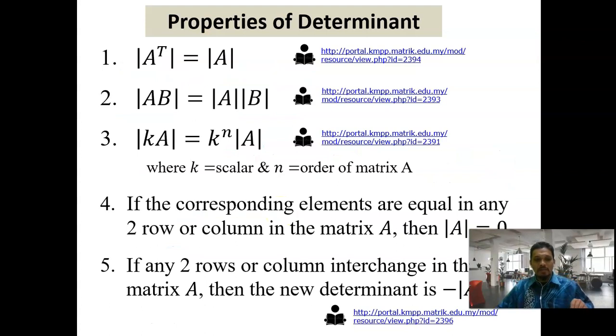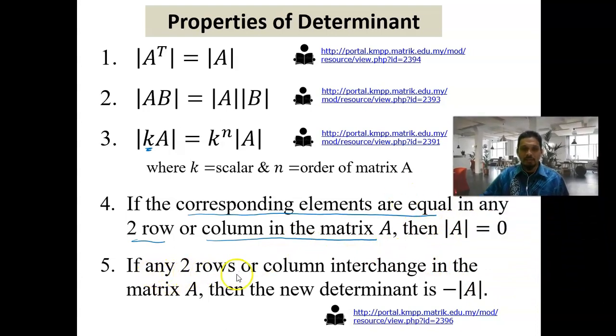So let's have a look at the properties of determinant here. Determinant of A transpose equal to determinant of A. Determinant of A multiplied with B equal to determinant of A multiplied with determinant of B. And determinant of K, any scalar multiplied with the matrix of A, equal to K to the power of N determinant of A, where K is a scalar and N is the order of matrix A. If the corresponding elements are equal in any two row or column in the matrix A, then determinant of A equal to 0.